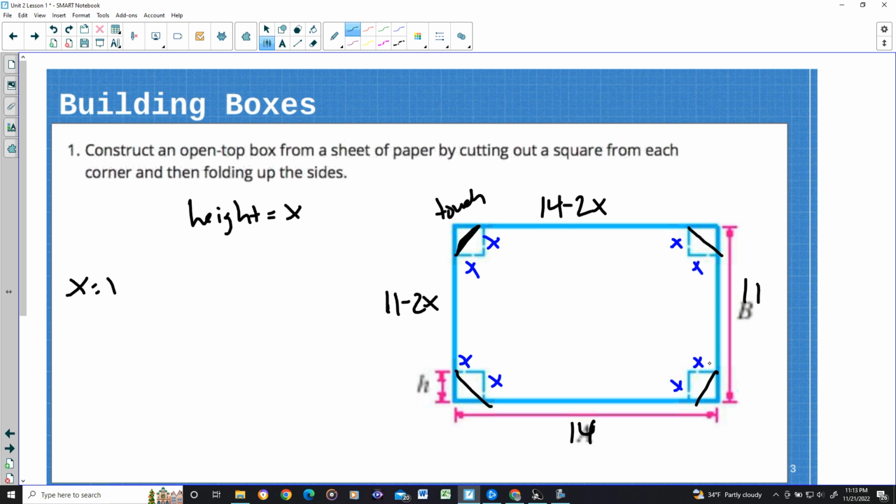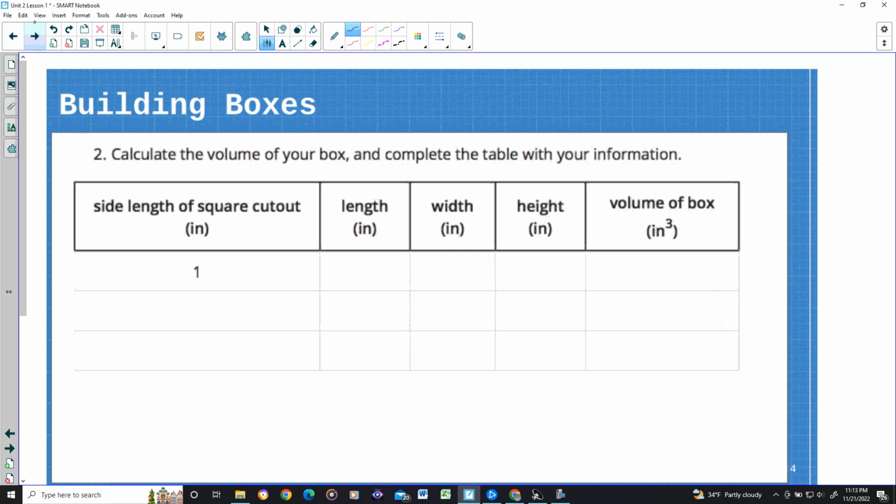On the side over here, you've lost an inch on each side, so you're going to have 9. So let's fill that in on the chart here. The square cutout is length 1, right? The length is going to end up being, again, you started with a 14, and we took 1 off of each side.